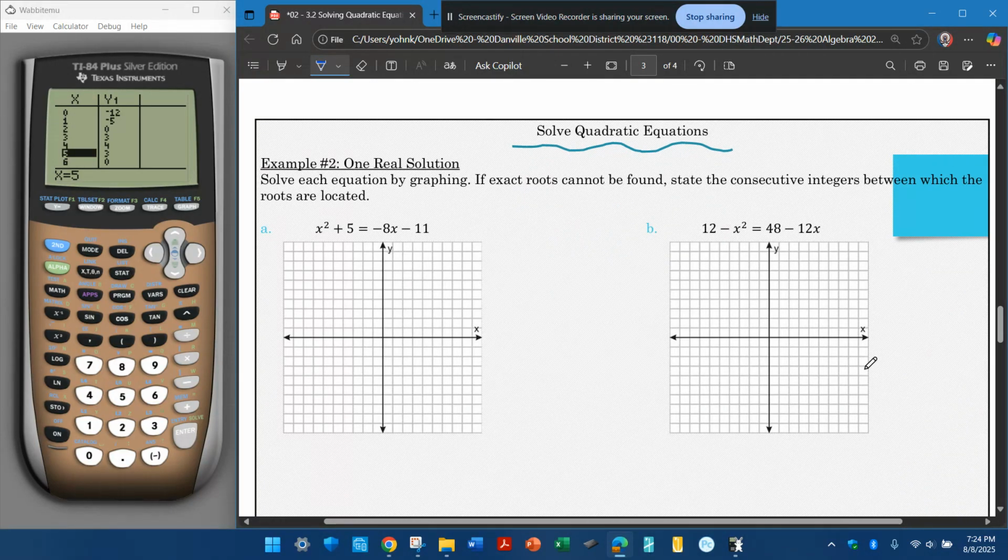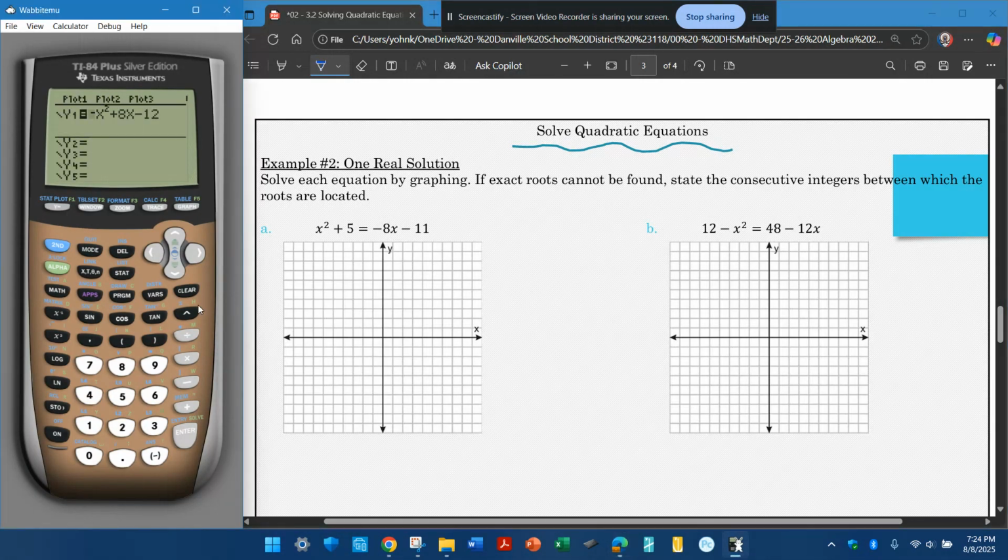All right, next slide. Example 2, solve each equation by graphing. If exact roots can't be found, state the consecutive integers. Well, we found exact roots, so. All right, if we look at letter A, notice there's no side equal to 0. So we need to make one side equal 0 so we can enter it into our calculator.